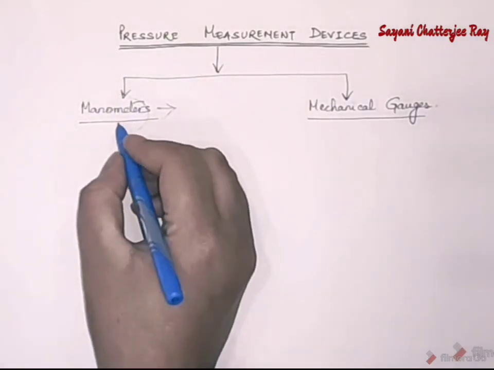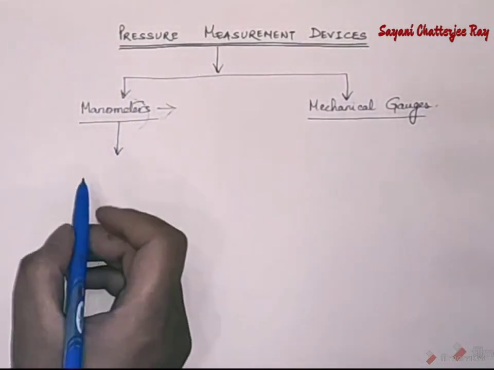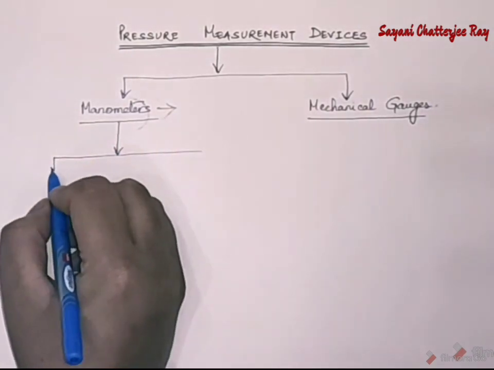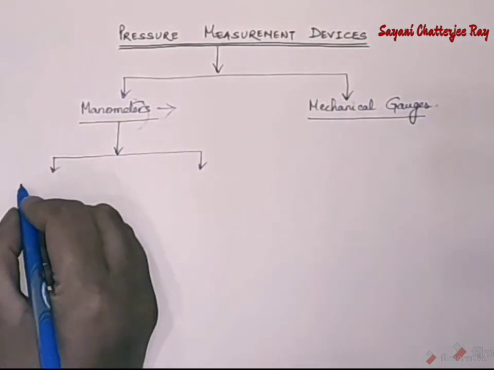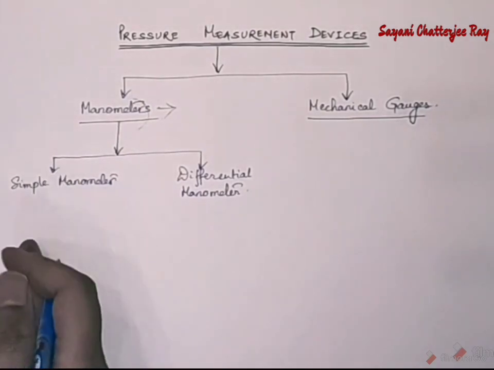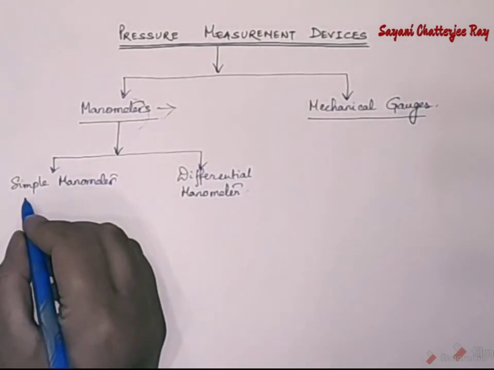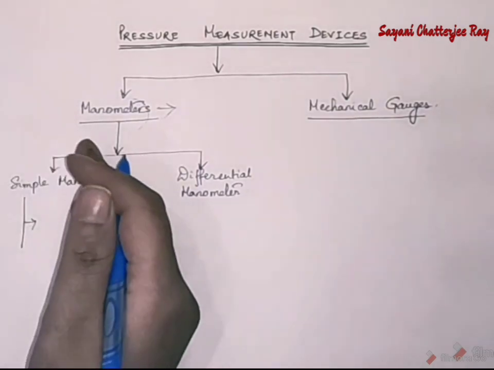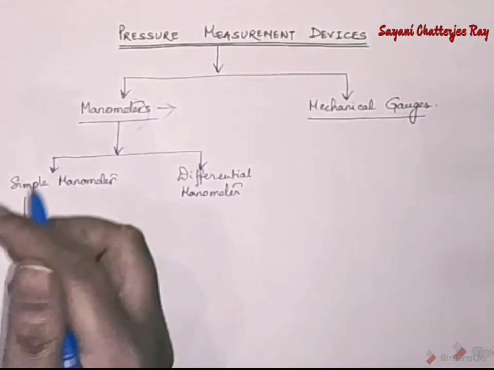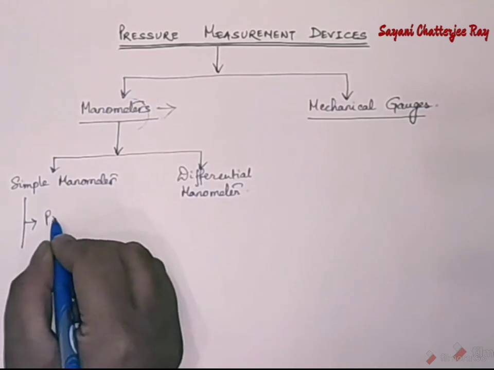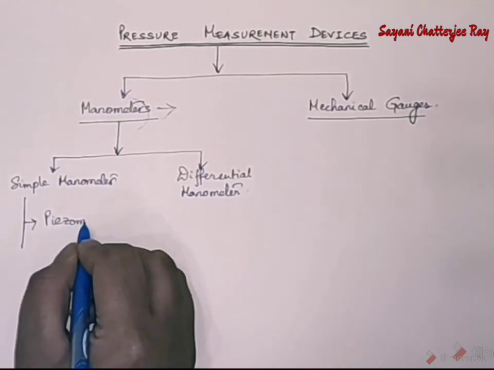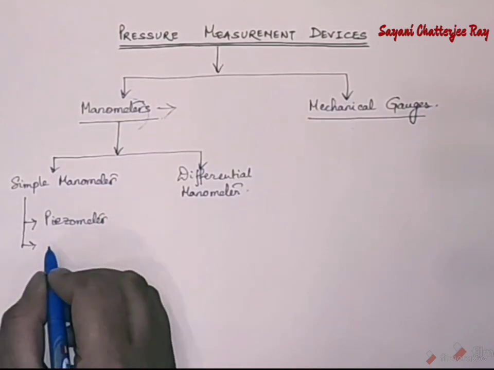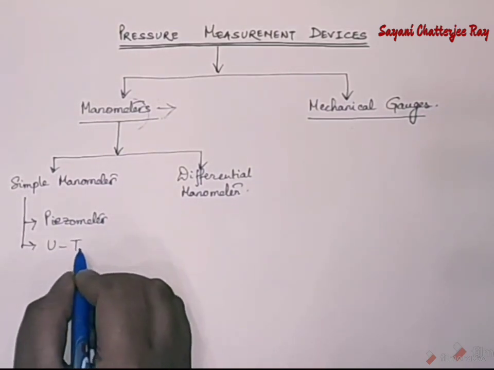Basically manometers are divided into two parts: simple manometer and differential manometer. Simple manometers are further classified into three types. The first one is a piezometer, the most common simple manometer used for pressure measurement. The second one is a U-tube manometer.